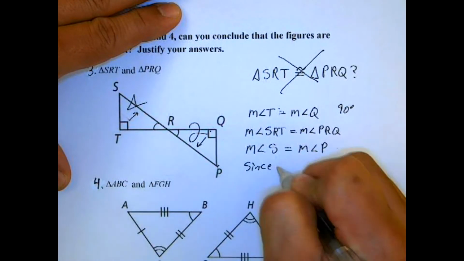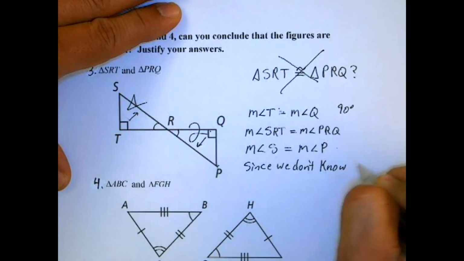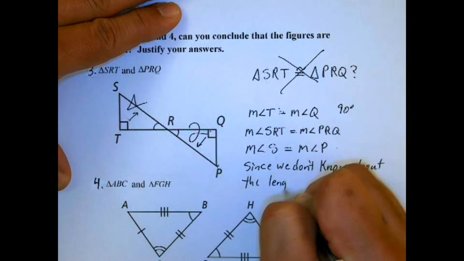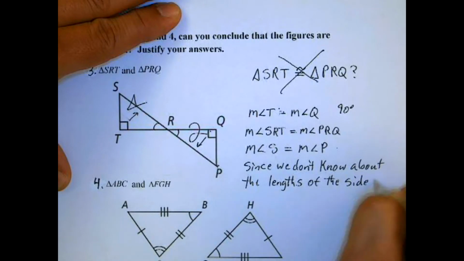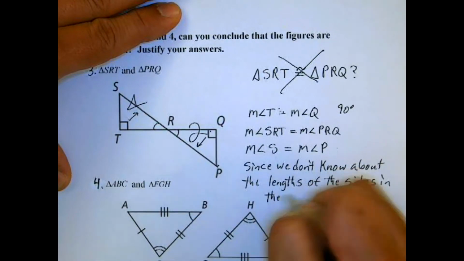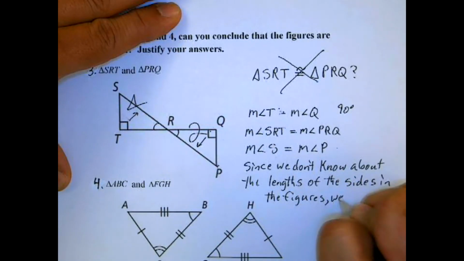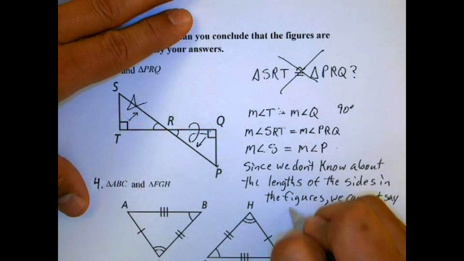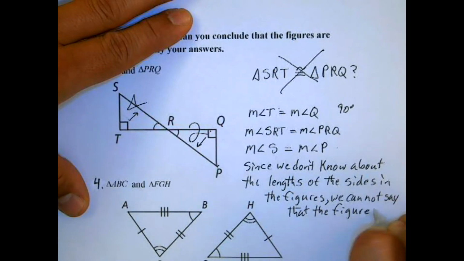Since we don't know about the lengths of the sides in the figures, comma, we cannot say that the figures are congruent.